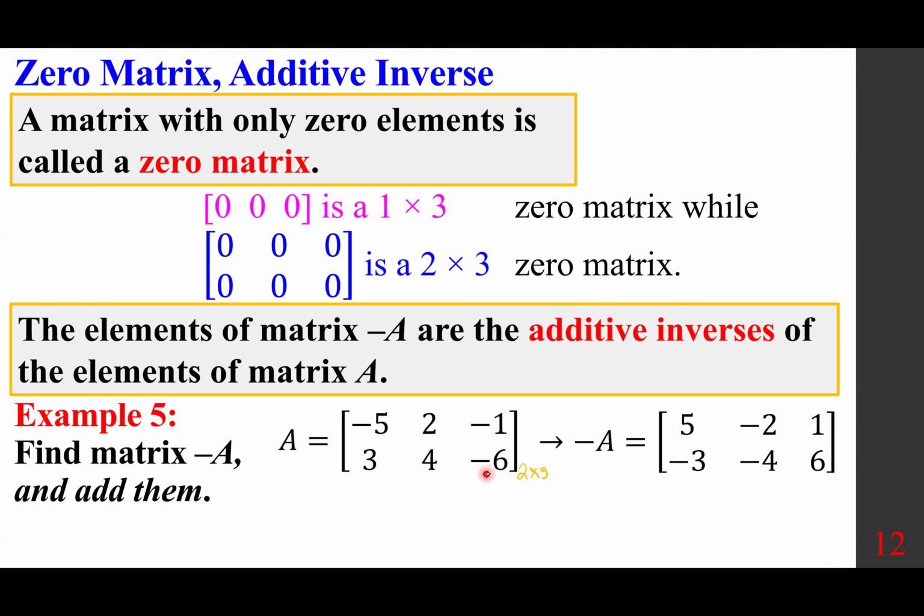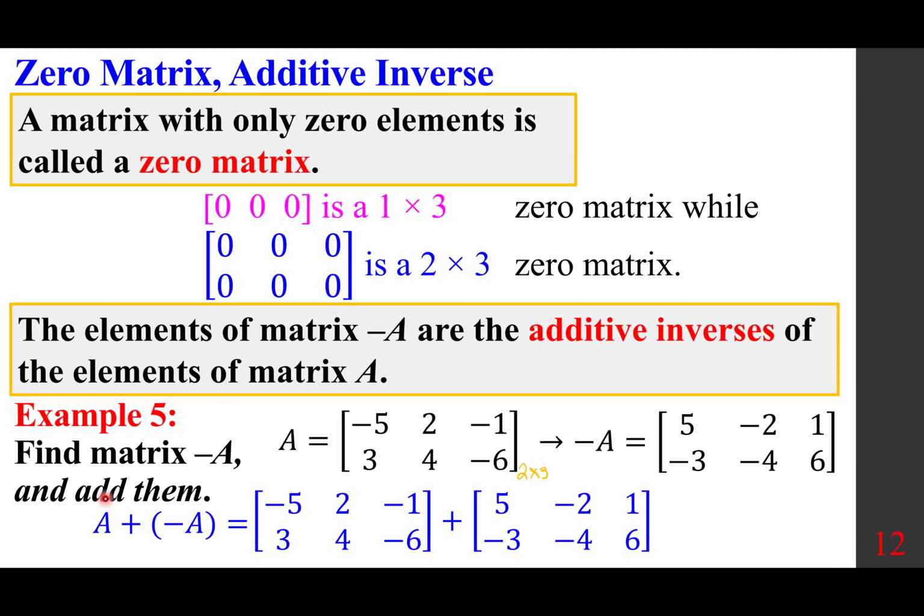So that would be the minus A matrix with the same dimension, namely 2 by 3. Obviously, if you add them up, they should add up to 0, as you add up numbers. So you are adding the same elements, minus 5 and so forth, and you end up with a 2 by 3 zero matrix.